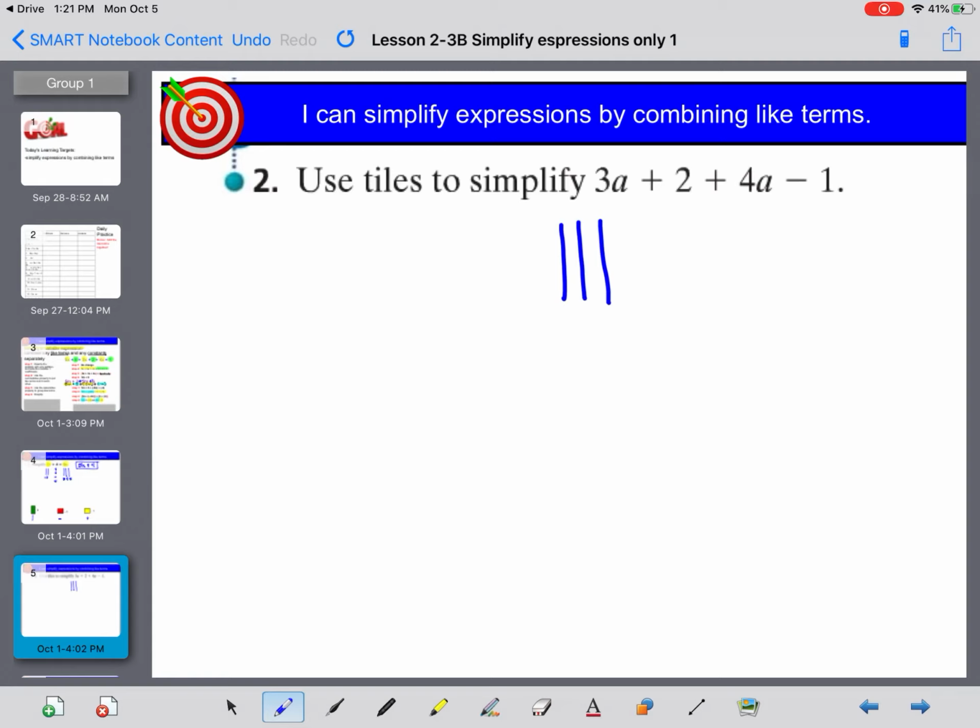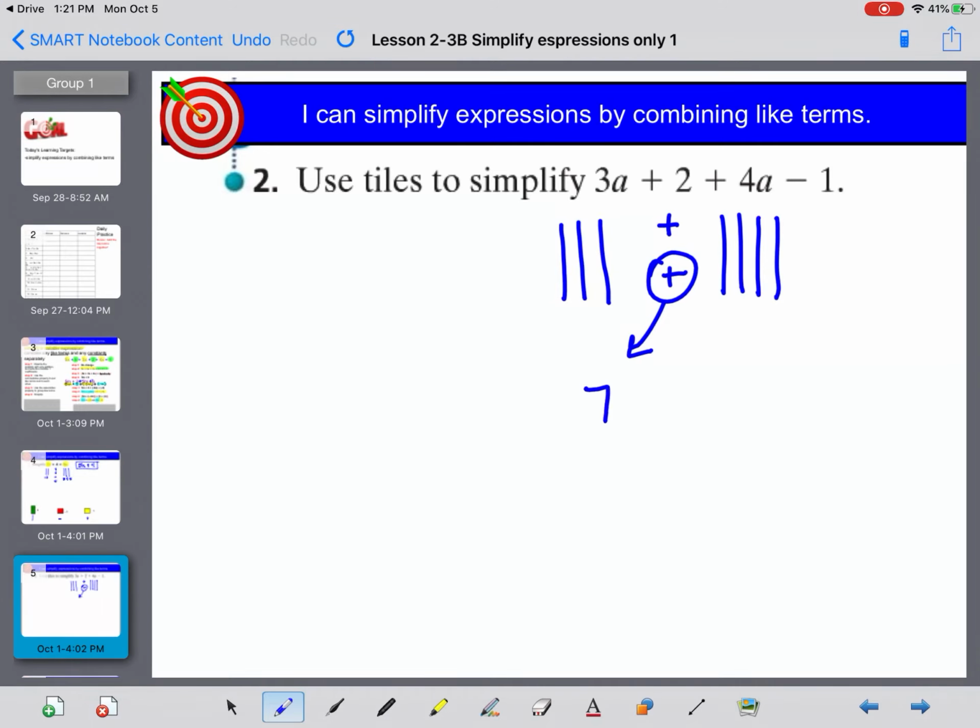So this is 3a. Instead of the algebra tile, it can be an X tile, an A tile, any of the letters A through Z. Then I have 2 positive tiles. Then I've got 4 algebra tiles. And then minus 1 tile. So if I take 1 tile away, what do I have left?